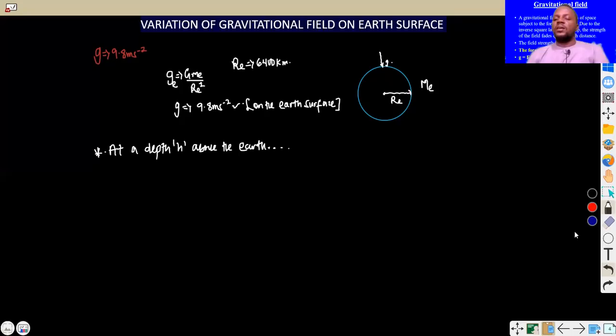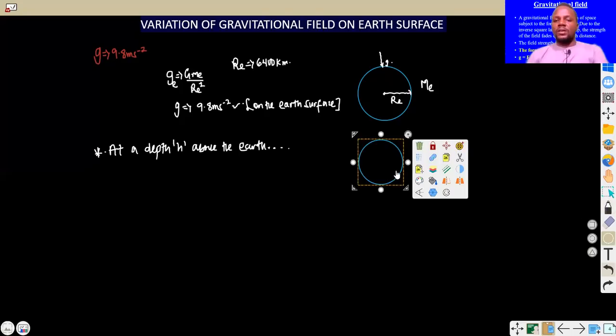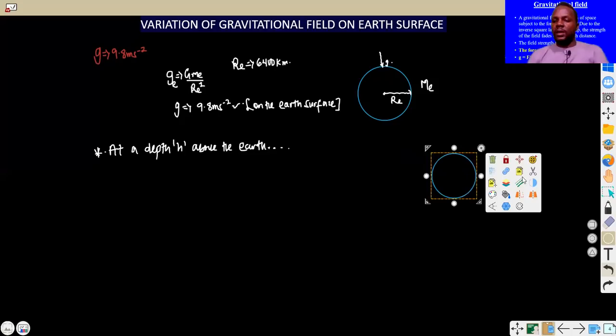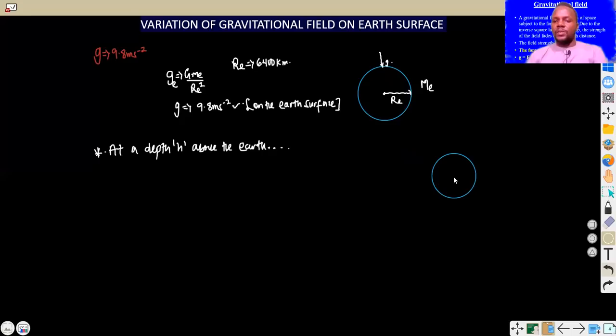Same situation, but this time around the point is above the Earth. We say directly that the distance from here to here is RE, that is the radius of the Earth. Remember, RE, the distance from here to here, is also the radius. I'm taking the mass of the Earth to be ME.